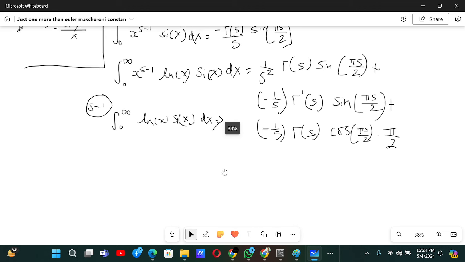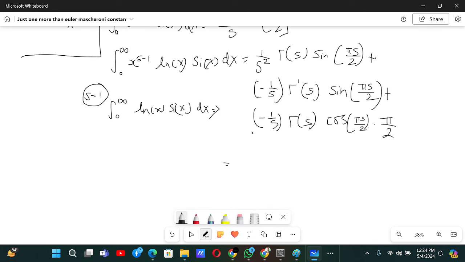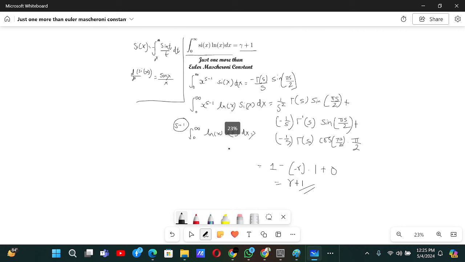We get gamma of 1 and then sin of pi by 2, all of this is 1, and minus, this 1 by 1, and gamma dash of 1 is negative Euler-Mascheroni constant, and sin pi by 2 is again 1. Plus this is minus 1, this is 1, cos pi by 2 is 0, so overall it's 0. And you see we get the answer Euler-Mascheroni constant plus 1. And yes, this is the answer.